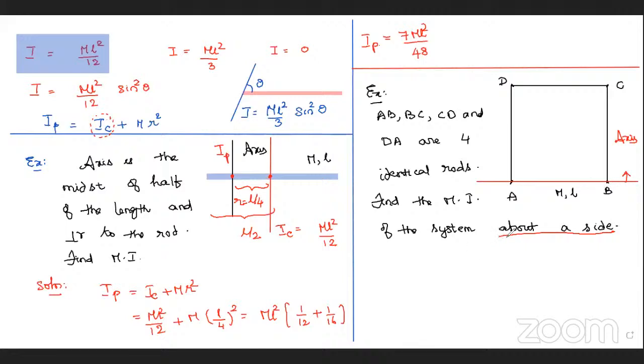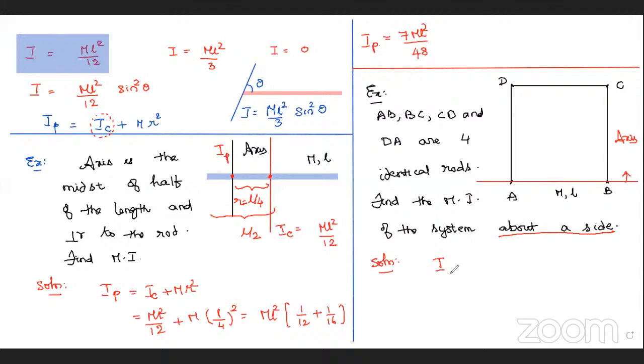Right. Then here, this axis is passing through the side AB. Will anybody say the answer? What will be the moment of inertia about the axis for the rod AB? Correct, 100%.